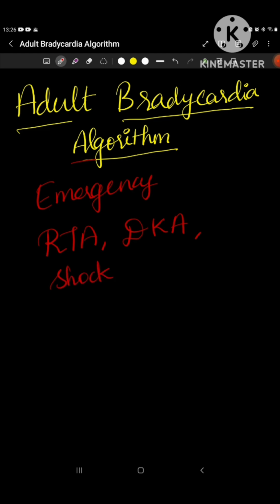Whenever our professors talk about shock, what everyone remembers from internship is that shock means hypovolemic shock.